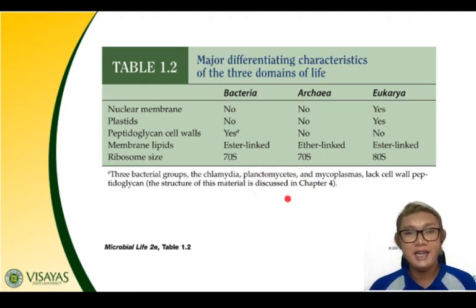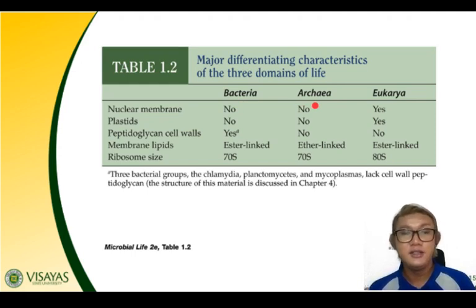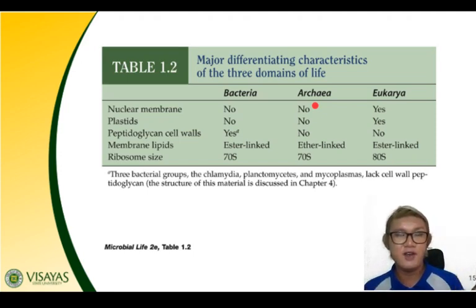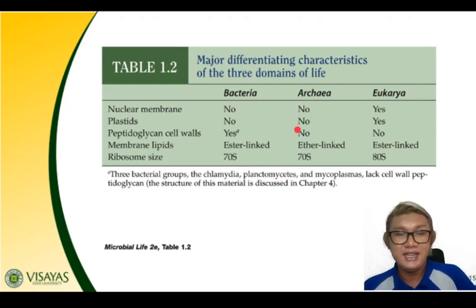Okay, basically, since eukaryotes have the nucleus, the nuclear membrane is only present in eukaryotes, but not in bacteria and archaea. We are not talking about the genetic material. Genetic material is also found in bacteria and archaea, but it is not surrounded by a nuclear membrane. In terms of plastids, you cannot find plastids in bacteria and archaea, only in eukarya.